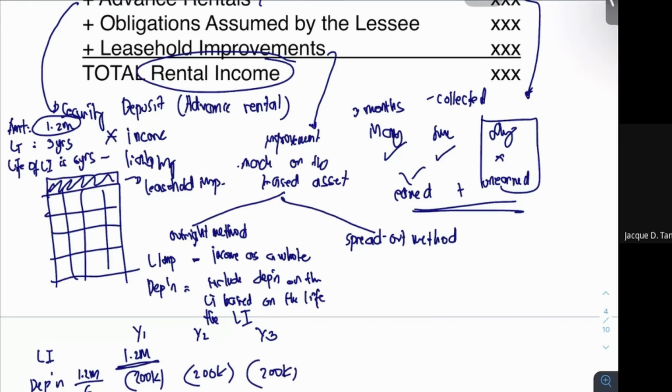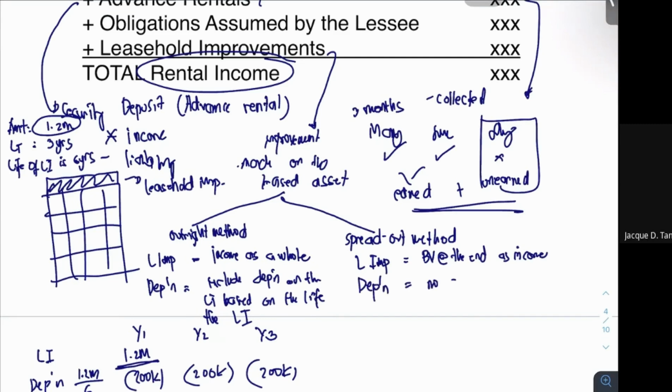But how about the spread out method? In your spread out method, for the leasehold improvement, you will only get the book value at the end as income. And as for depreciation, no depreciation. Okay? So, sir, how do we get the book value at the end?